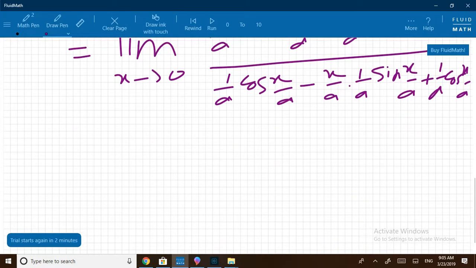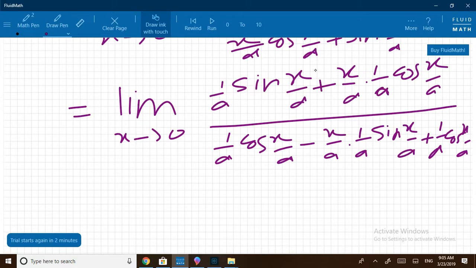Now it is not 0 divided by 0 form. Apply the direct limit.